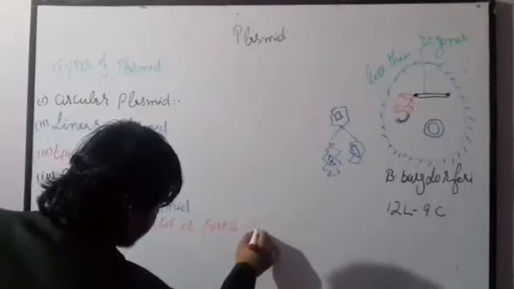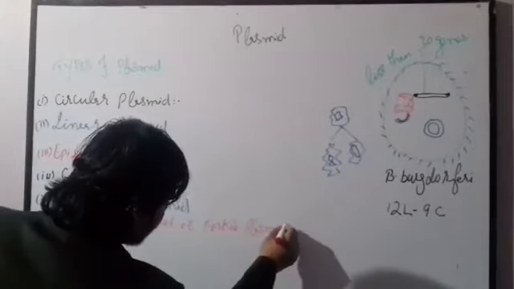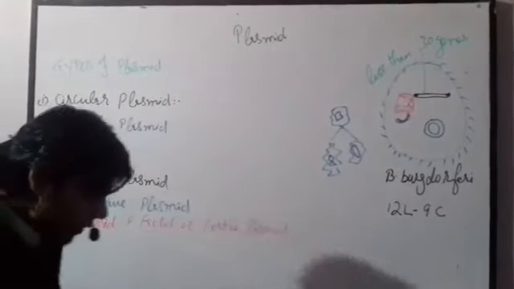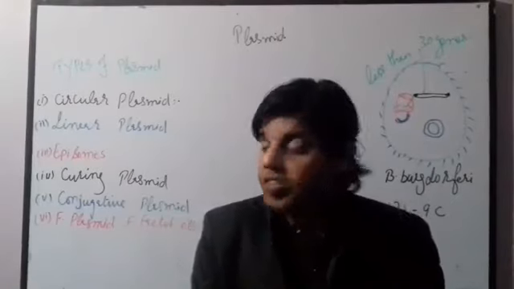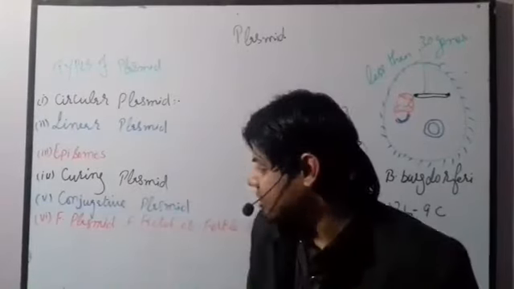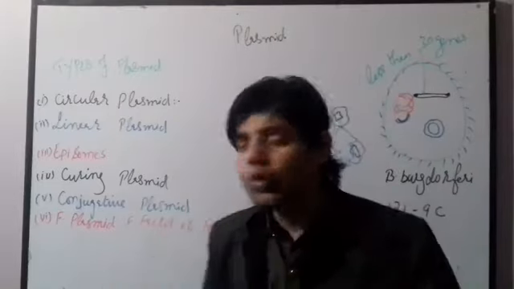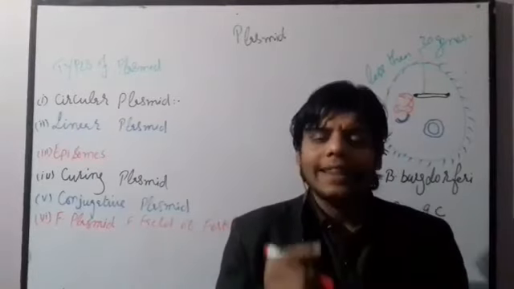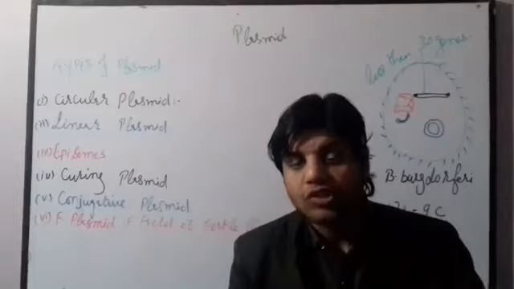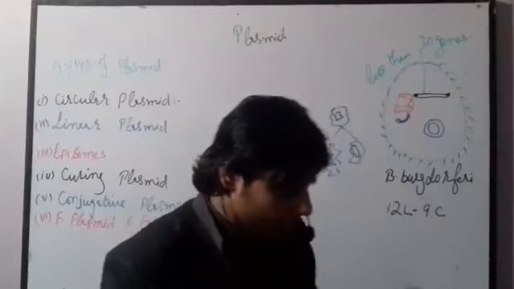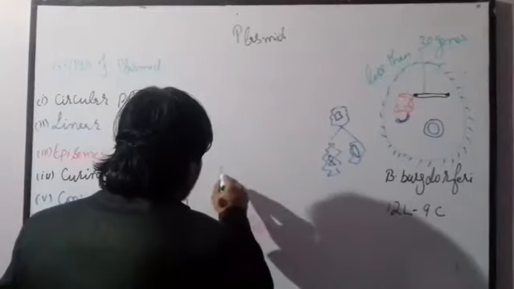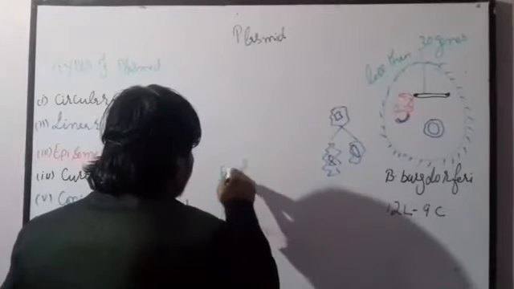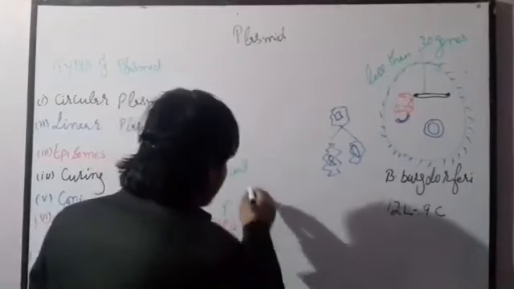Now, as the name suggests, this is that type of plasmid which is actually used for fertilization. This plasmid is usually present in E. coli, and it has special kinds of genes that produce sex pili. Okay, so it is usually present in what? It is usually present in E. coli, and produces what? It can produce sex pili.